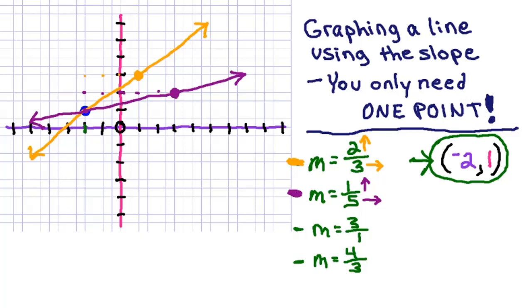Now let's go to our third slope. Our third slope is m equals 3 over 1. So we already have our original point, this negative 2 and 1. We're going to start from our original point, and we're going to go up 3 and over 1. So that's going to give us our second point, and we can draw a line straight through that.